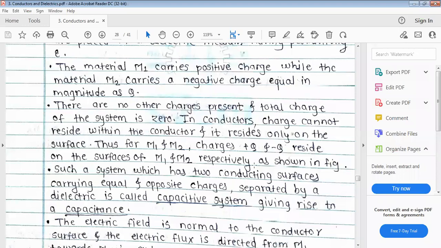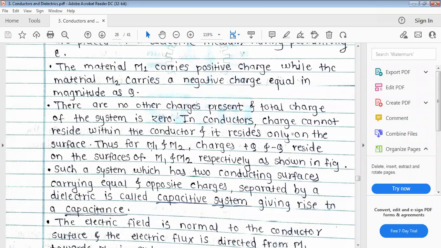And in conductors, the charge cannot reside within the conductor, and it resides only on the surface. Remember that when we consider any conductor, which can be of any shape, inside that conductor charge will not be there.